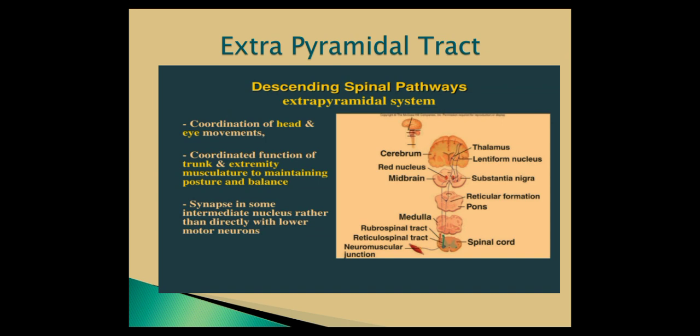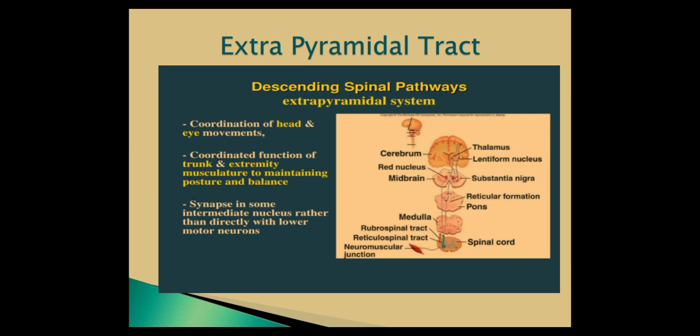Now move on to our second classification of the descending tracts, that is the extrapyramidal tract. Why is it called extrapyramidal? The tracts other than the pyramidal tract are considered extrapyramidal tracts, and basically they are concerned with involuntary function.